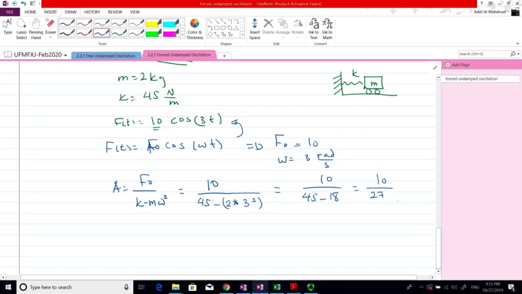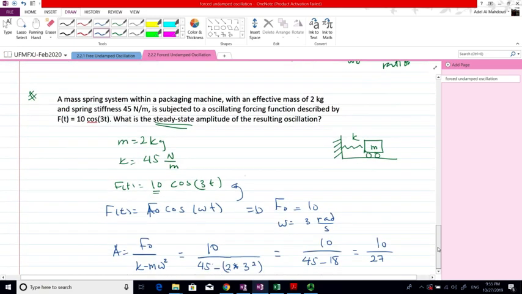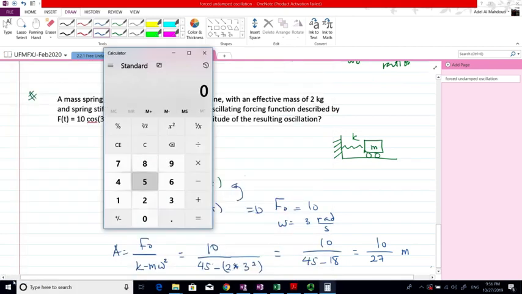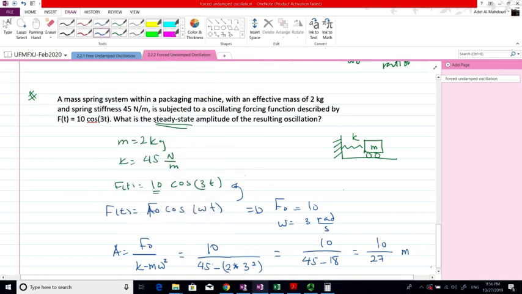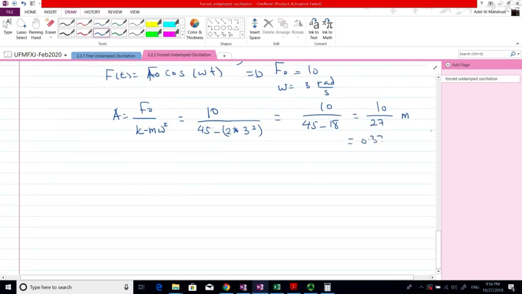The unit will be meter. If you calculate 10 divided by 27, you get around 0.370 meter.